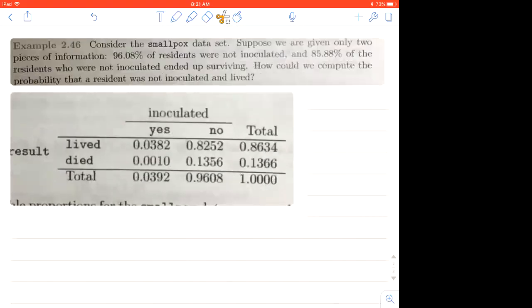So we have it. 85.88. So from our blurb, this is what we know, but I guess the question says, given only those two probabilities.